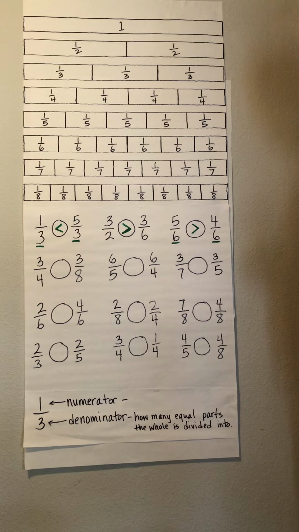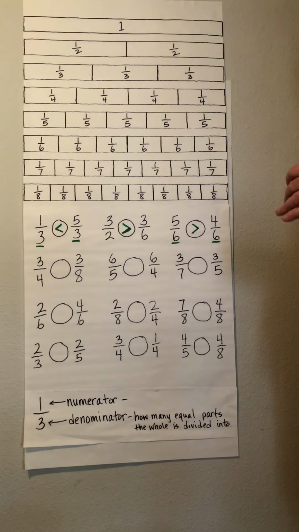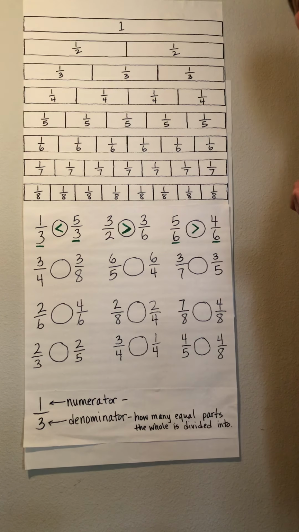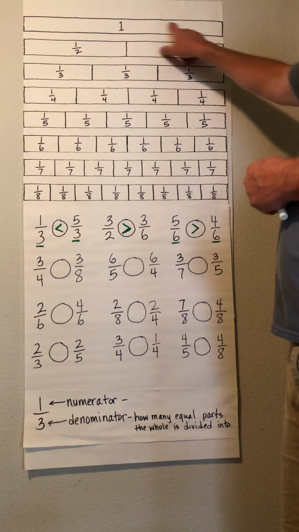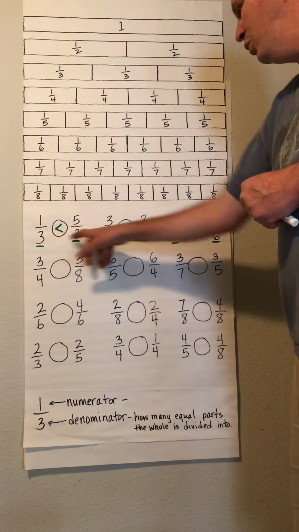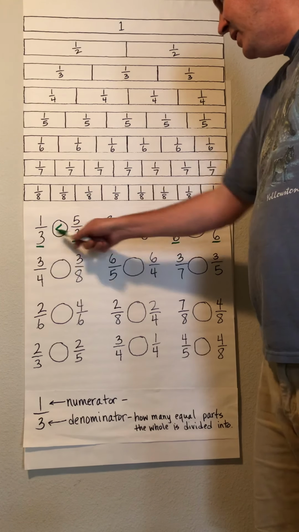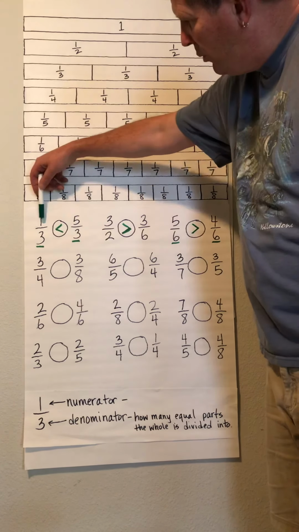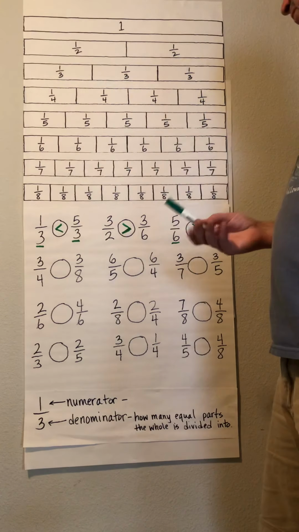5/6. Okay, now you are going to copy 1, 2, 3 rows of problems, and you are going to insert a greater than or less than symbol in the circles. You can use this chart to help you, or you can use the 2 rules that I told you. If the denominator is the same, then the fraction with the bigger numerator is greater.